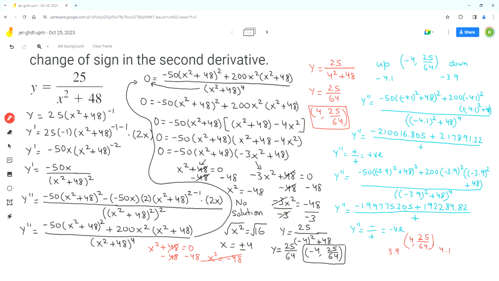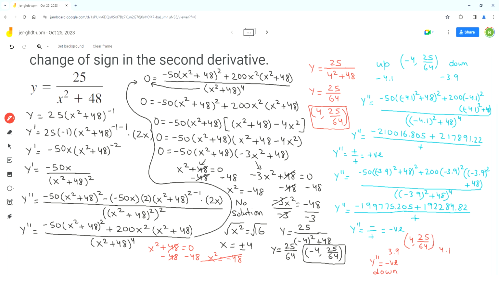Now if you analyze the y double prime function, all x terms in this function are squared. So that means the result that we got for negative 3.9 will be the result for positive 3.9 as well. So that means on the left side of this inflection point, the y double prime will be a negative value. So therefore, the curve is concave down on the left side of this inflection point.